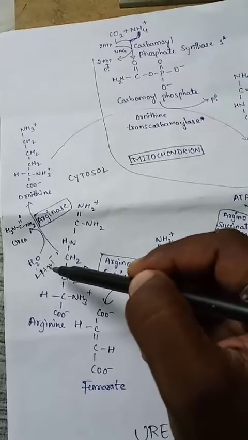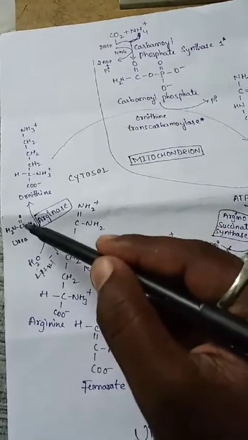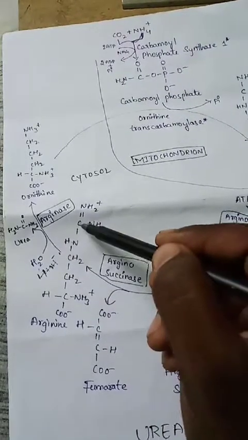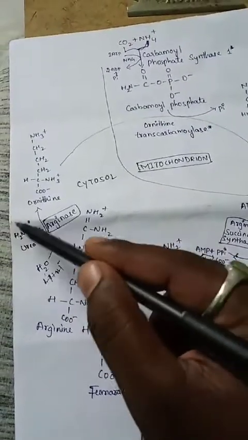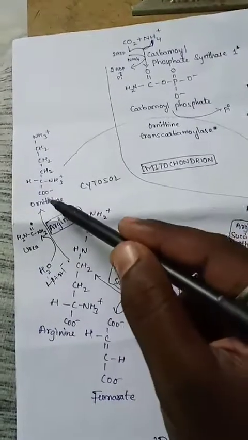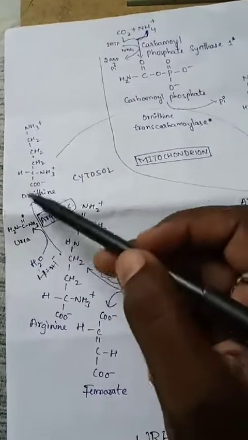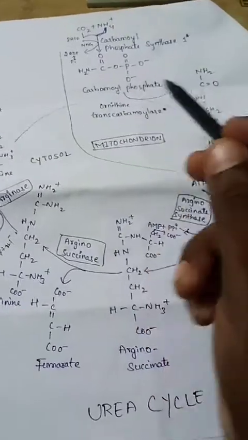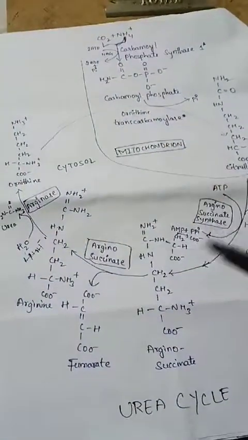The O acts as the ketone group, C double bonded O, with NH2 on each side. This is known as urea, and the remaining part is known as ornithine. Ornithine again combines with carbamyl phosphate and continues the total cycle, which is known as the urea cycle.